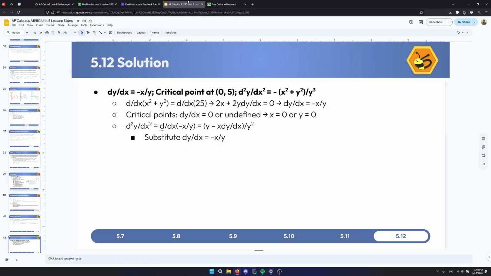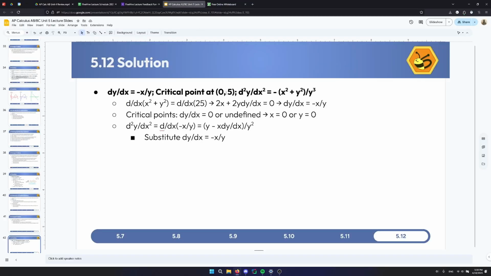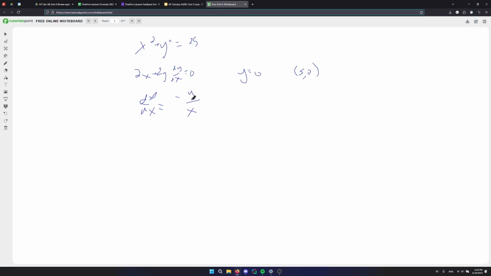Actually, is that what I put here? Okay, I guess 5 comma 0 and negative 5 comma 0 should count, but they're on the x-axis. Yeah, for 0 comma 5, that's when we have x equal to 0, so our y is equal to 5.